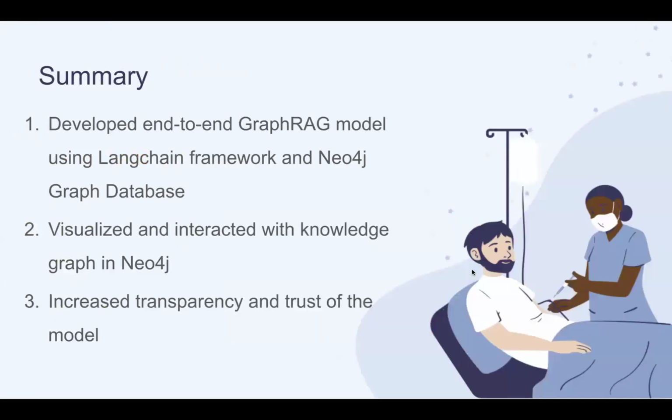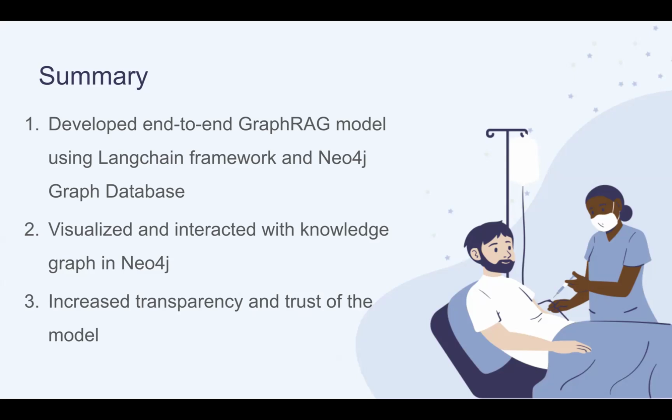So, to sum up, first I developed an end-to-end GraphRAG model using the LangChain framework and Neo4j graph database. We also visualized the knowledge graph, and it is possible to interact with it. If you open this up in Neo4j, you can drag your mouse cursor to view it from different perspectives.